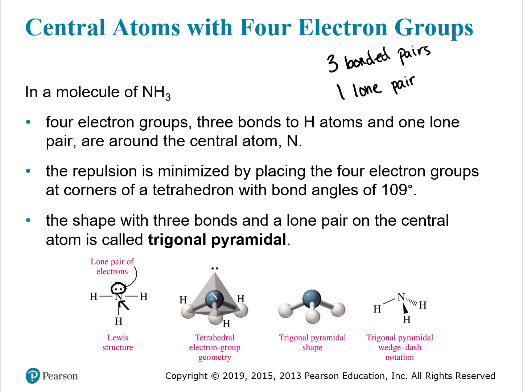This one is also going to form something that looks like a pyramid, but it's called trigonal pyramidal, because instead of having an atom up here at the top, you have a lone pair. So it's got the trigonal shape, only 3 things here, but you've got that lone pair up top. So make sure that you know the difference between these two. Again, lone pair versus bonded pair makes a difference with the shape.